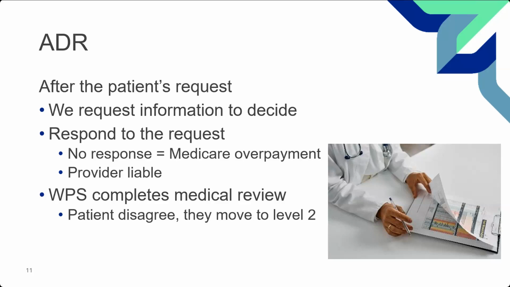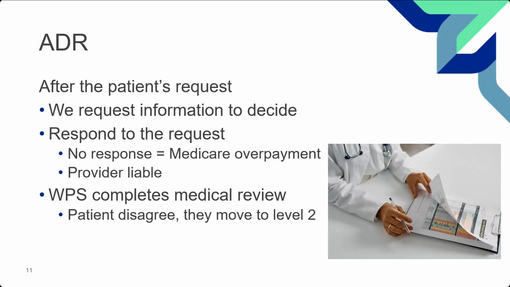Level 2 is a reconsideration completed by the qualified independent contractor. They're hired by CMS to look at it from that point. Level 3 is completed by CMS themselves using an attorney adjudicator or administrative law judge.